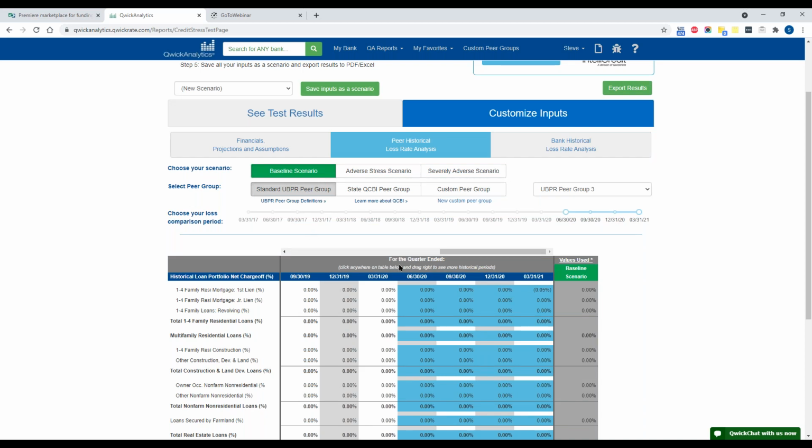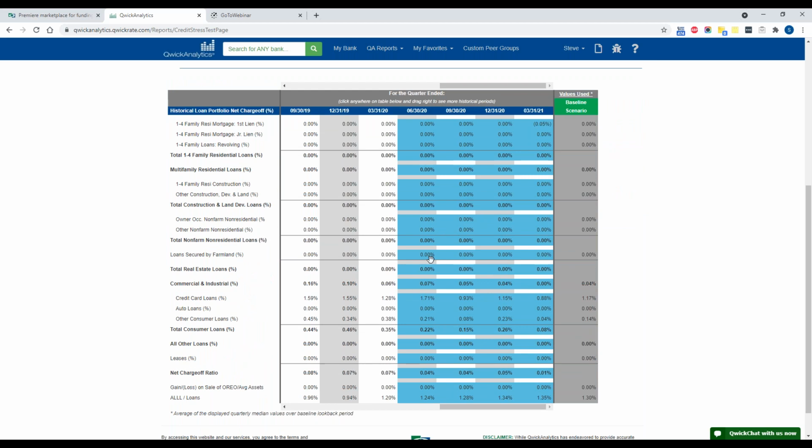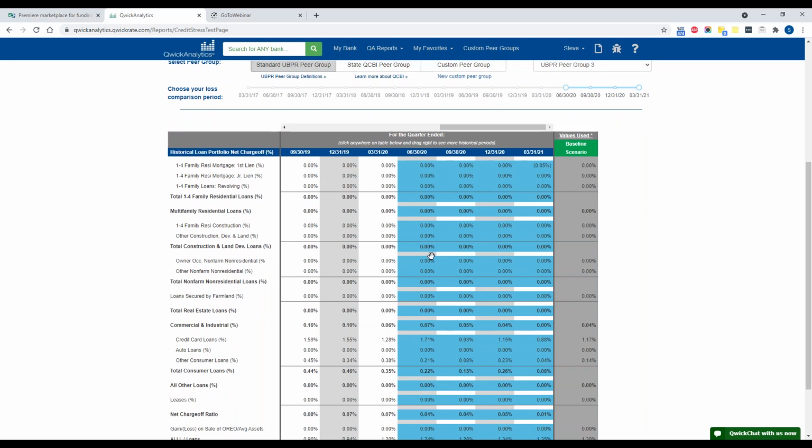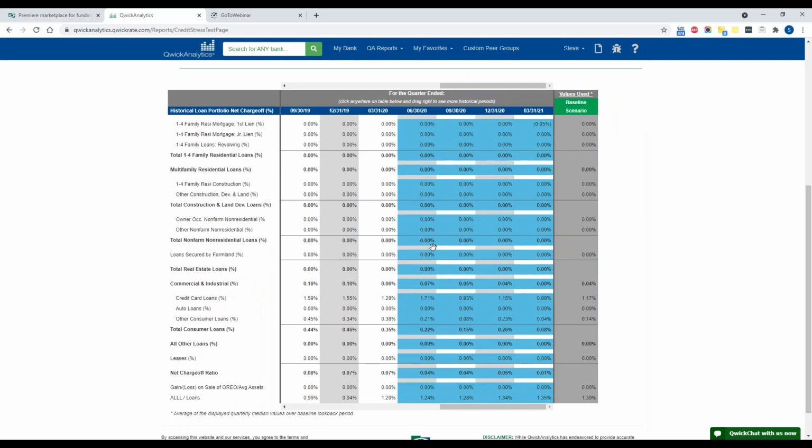And then we need to define for the baseline scenario what the look back periods are. In a baseline scenario, that's a healthy environment. We start by default by just looking at the last few quarters because, looking around the country at community banks, losses are still pretty healthy and pretty baseline.